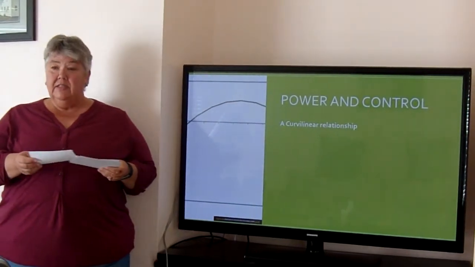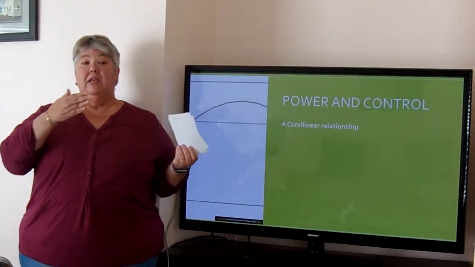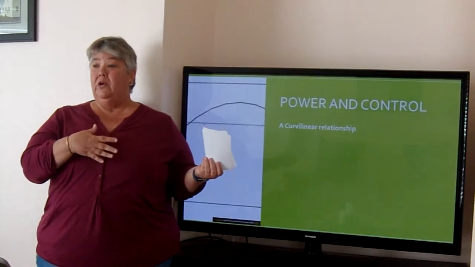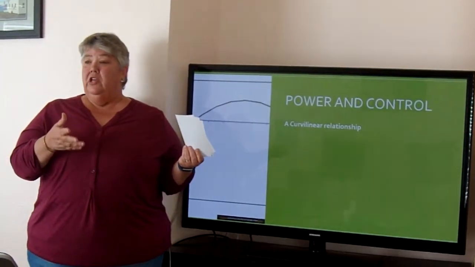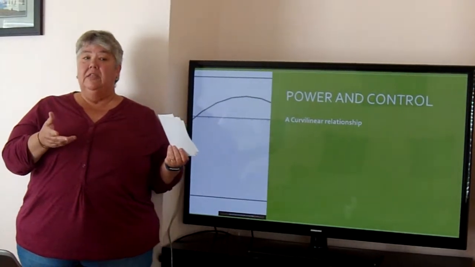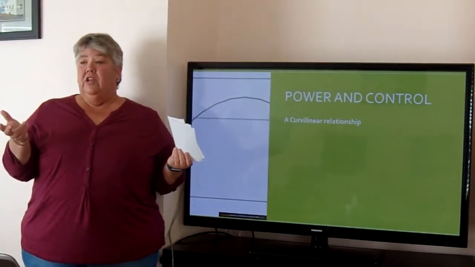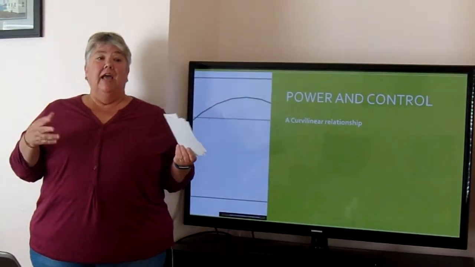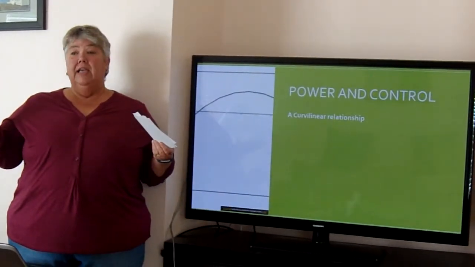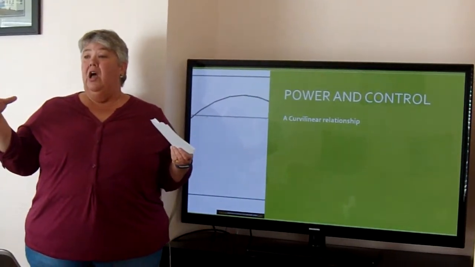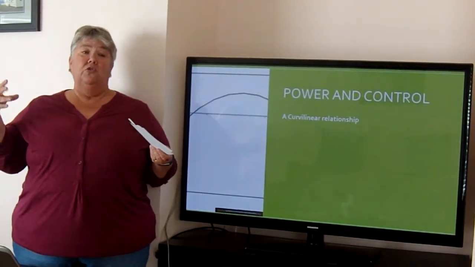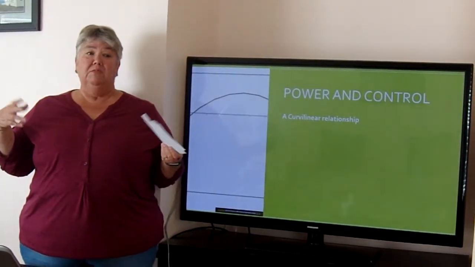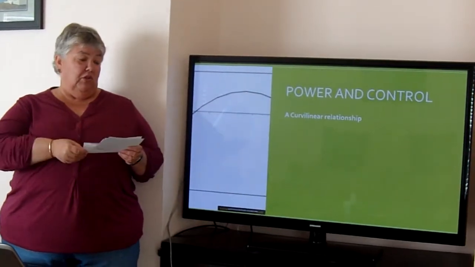And we believe this is because the individuals on the low power end, the powerless individuals, don't bother with control attempts because they don't have any hope they'll succeed. And individuals on the high end of the power spectrum already have all the control in the relationship, and so they don't bother with control attempts because there's no need for them to.